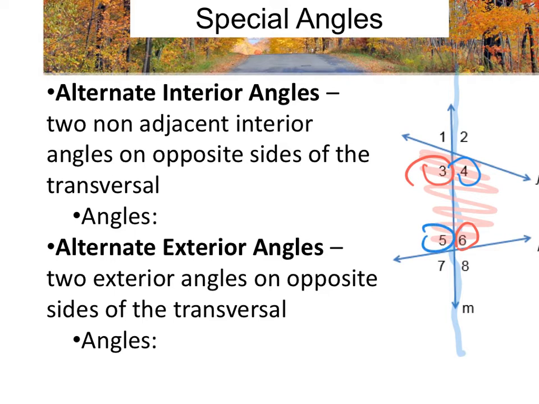So the pair 3 and 6 together are alternate interior angles, opposite sides of the transversal. They're not adjacent, and they're on the inside. And then also 4 and 5.